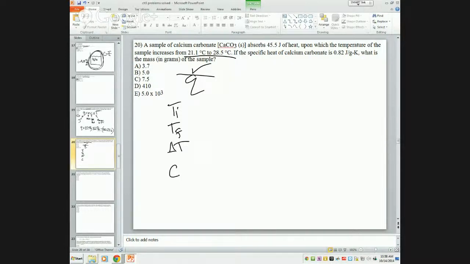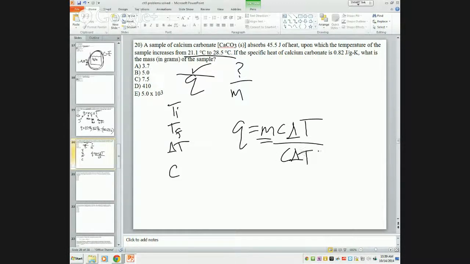These are all things they tell me, and they want to find the mass. So I'm going to use the Q equals MC delta T formula and solve for the mass. Divide each side by C delta T, and you get mass equals Q divided by C delta T.